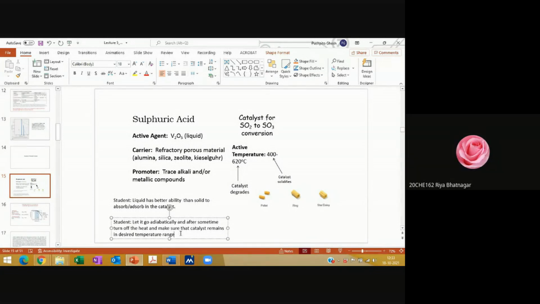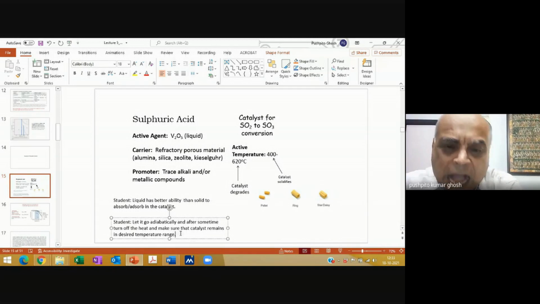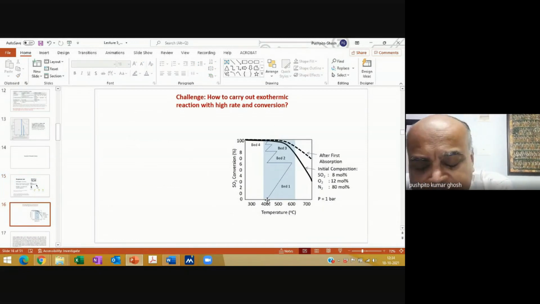Yes, sir. Okay. I mean, you're almost right, not fully right, but I think it's brilliant. You remember that I was telling you that one extreme is adiabatic and another extreme is isothermal, and engineers always like to play a middle game. So you're just trying to see how you can look for compromises.